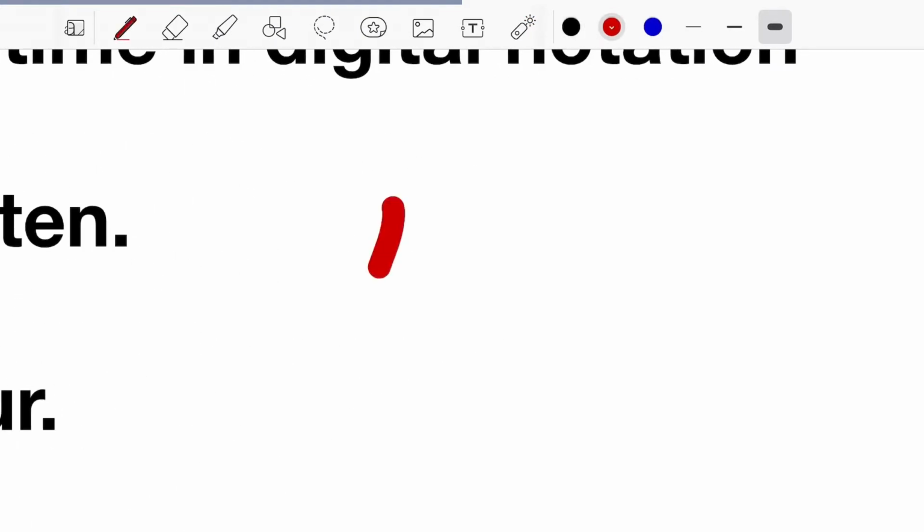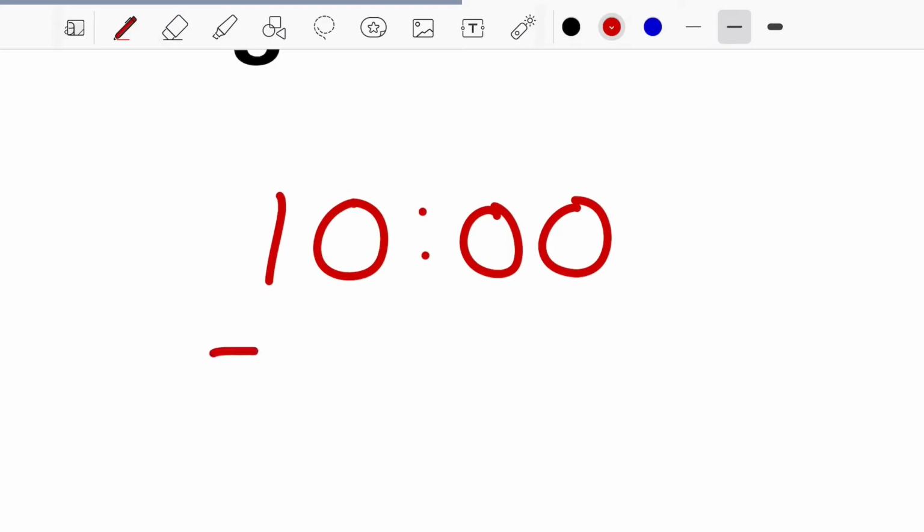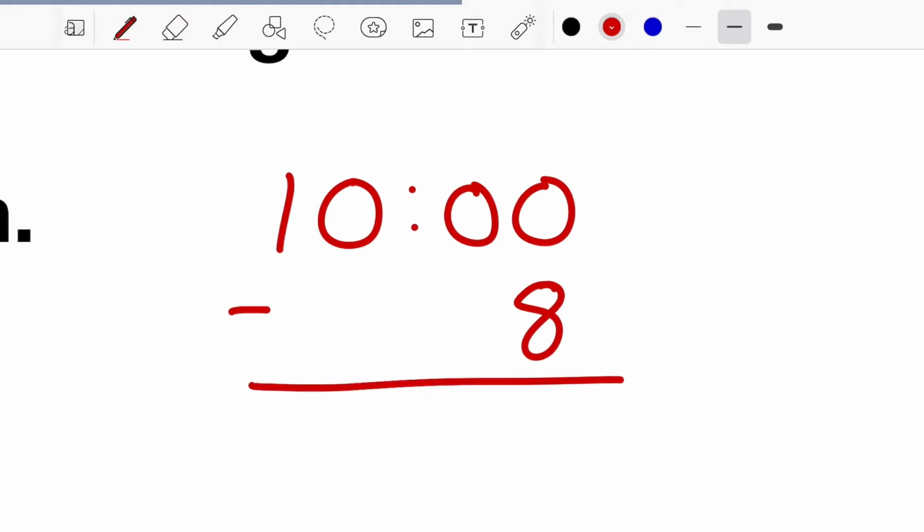This will be 10 o'clock. 8 minutes to 10 means 8 minutes before 10. So it means it isn't 10 as yet, which means it's 9. It's after 9. So if we subtract 8 minutes, then we will get the correct time.